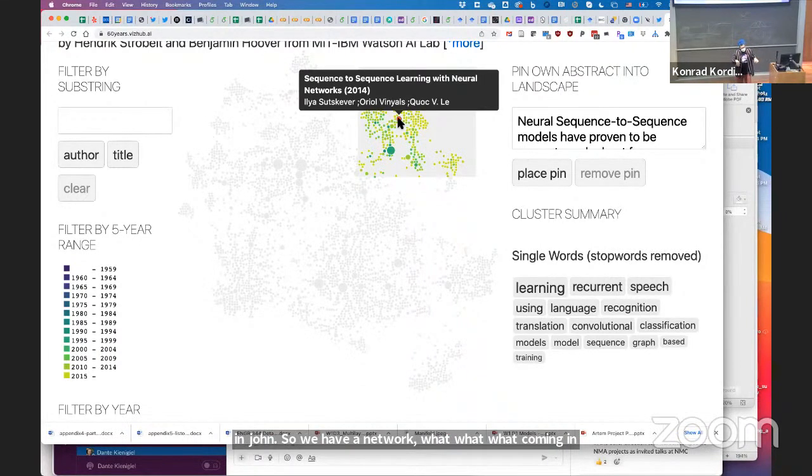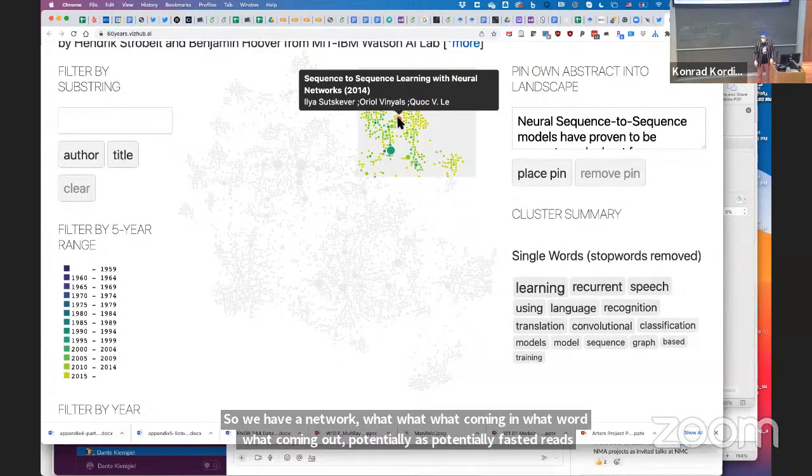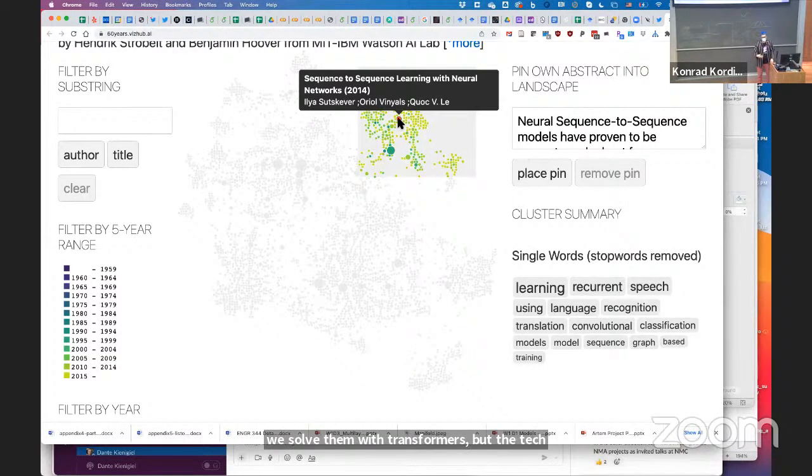Potentially first it reads the sentence and then it puts out the words, or it does it word by word in whichever order. Today we solve those problems no longer with LSTMs, we solve them with transformers. But the techniques and the ideas behind it are still extremely similar between recurrent neural networks and transformers.